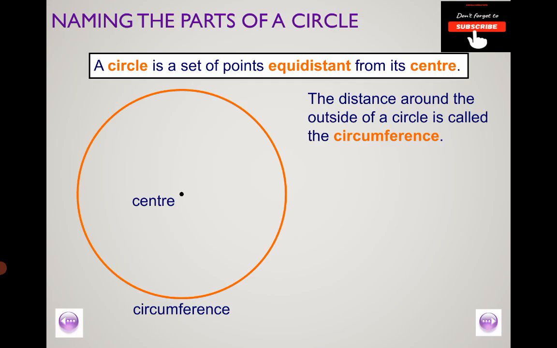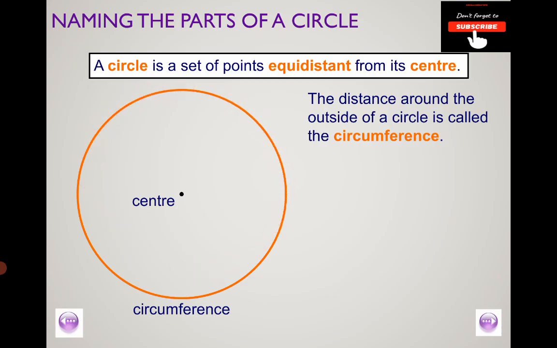That path is known as the circumference. All this distance here, the complete distance around, is called the circumference. From the word circle, we have circum, which simply means a rounded path.